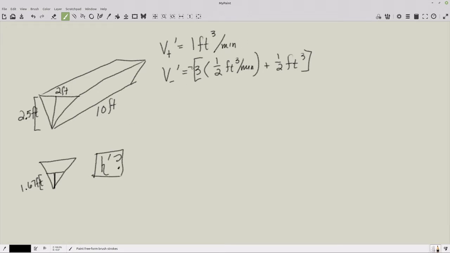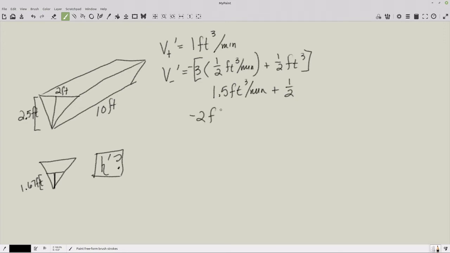So let's start here. We have a volume that it's increasing by and a volume that it's decreasing by, which means there's going to be one single volume that's either increasing or decreasing. We just have to add these together. In order to do that, I'm going to take 3 and multiply it by 1/2, and you get 1.5 cubic feet per minute, plus 1/2, that equals 2 feet cubed per minute.